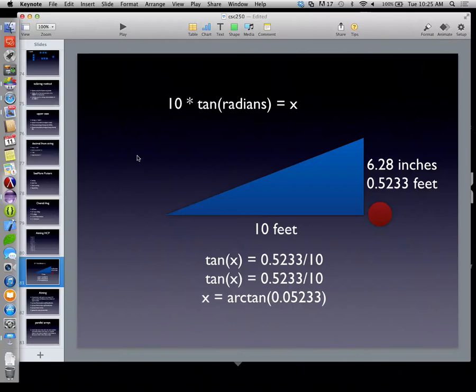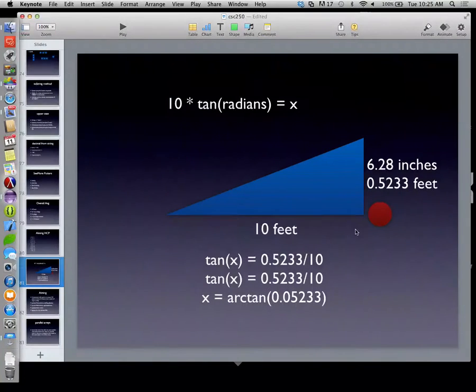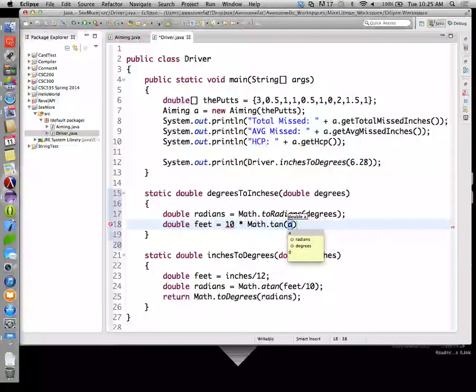So now we want to return, well, we need to get it in feet first. So this will be, we know it's 10 feet, correct? Because that's how big of a putt this is, a 10-foot putt. Times math.tangent of what?